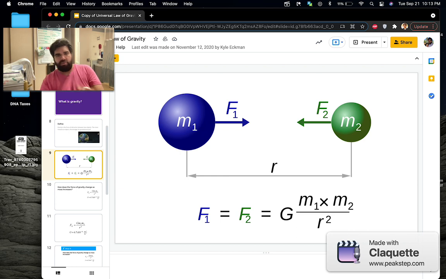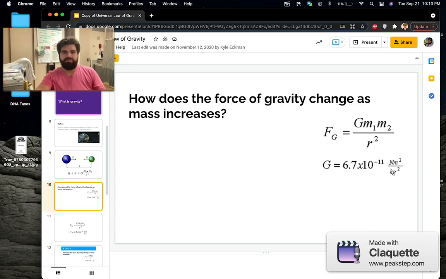When we talk about the equation, it looks like this. We have a big capital G, and then we have the two masses multiplied together divided by that distance, that r squared, that radius distance. That G, that's called the universal gravitational constant. It's only one number. It does have units, so it's not a coefficient like mu in friction. That is the value.